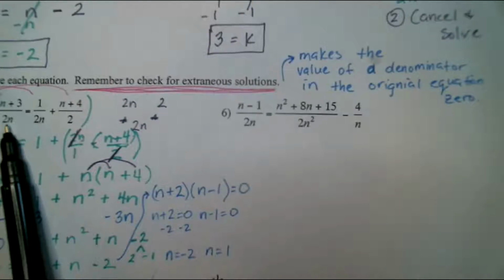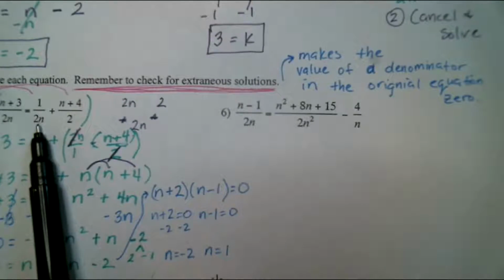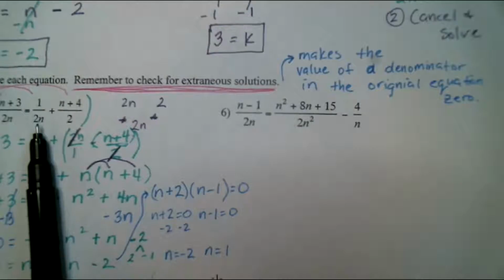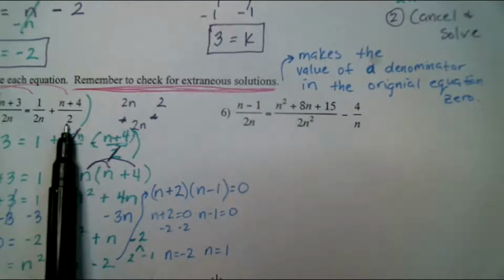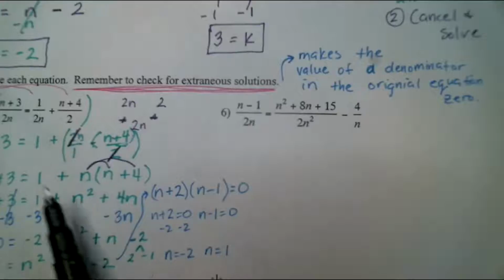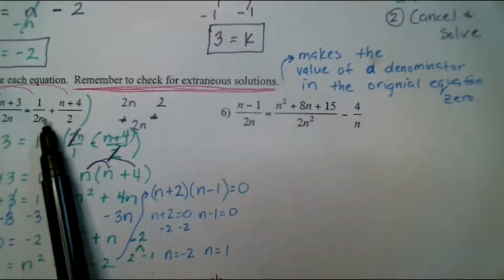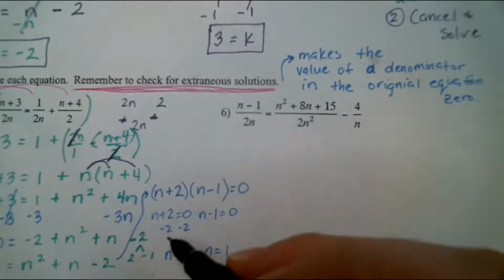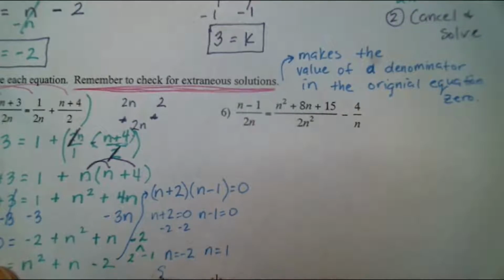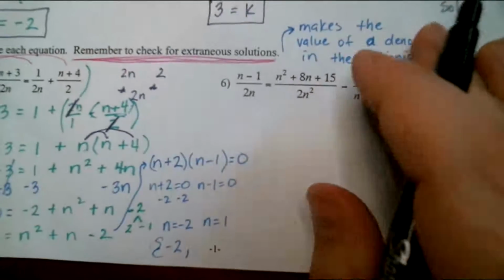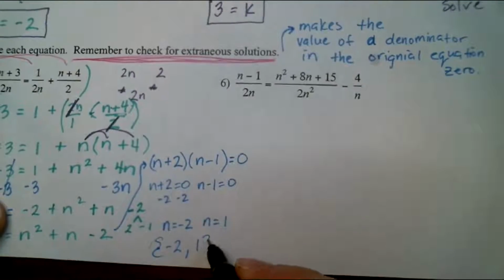No, it'll make it -4. I can't plug anything there, so I don't have to worry about that. Plug in a 1. 1 makes that 2. So both of these answers are correct. So we would say -2, comma 1.